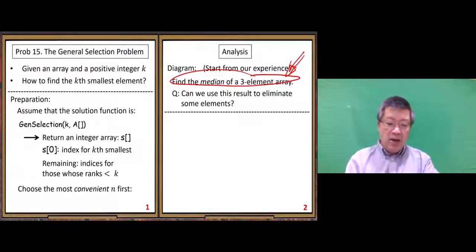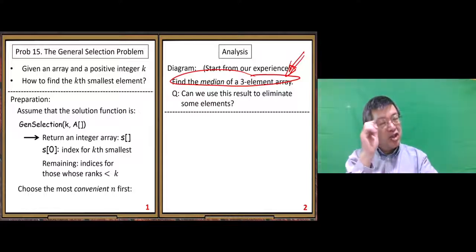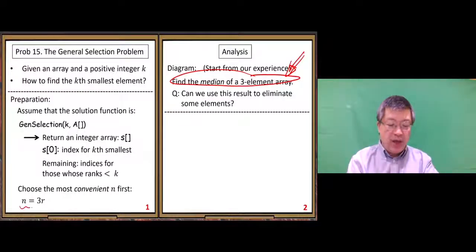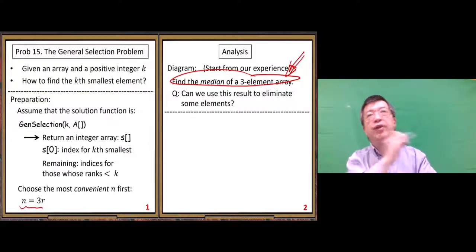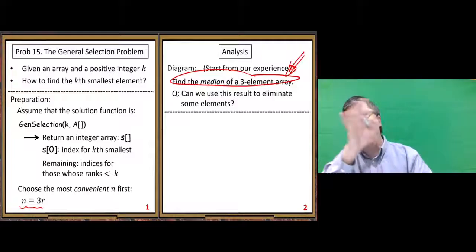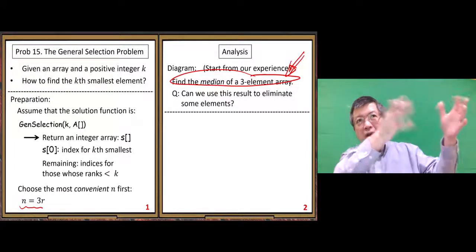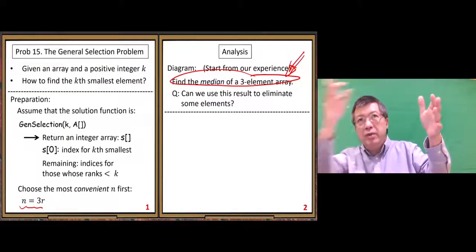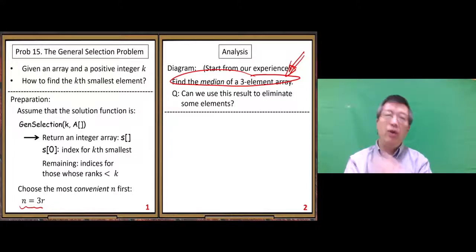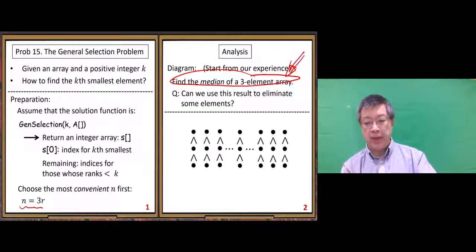But to make that step more convenient, we just assume n is a multiple of 3. N equals 3r. So we can get r 3-element groups. Then we work on it. That's pretty easy.